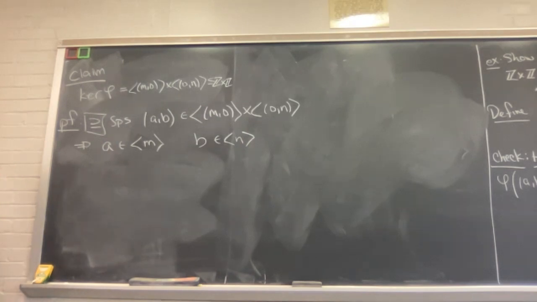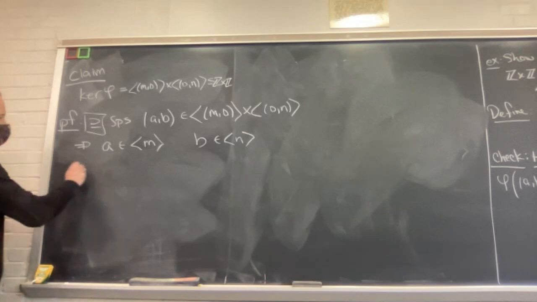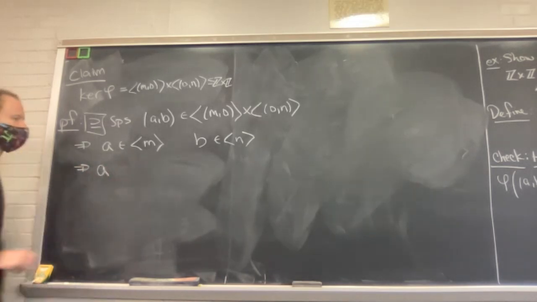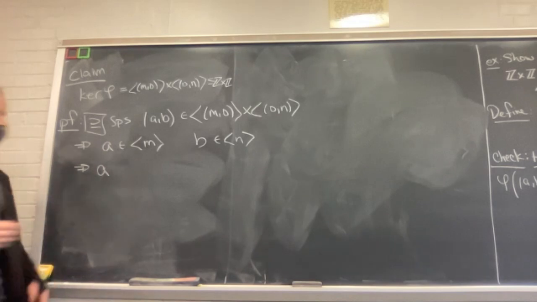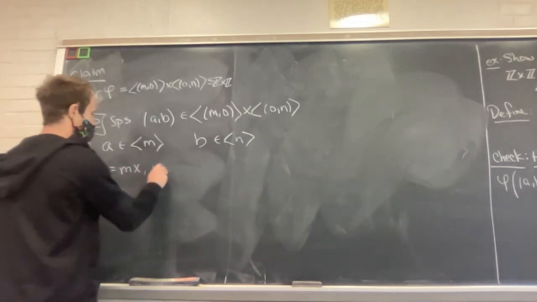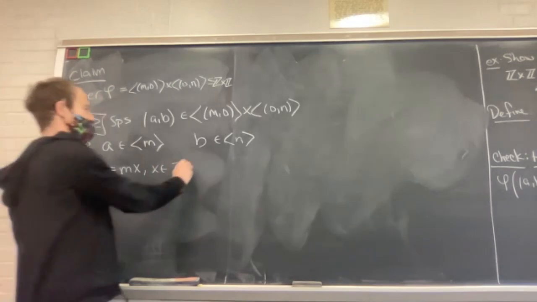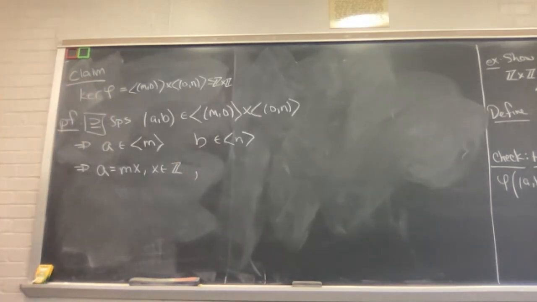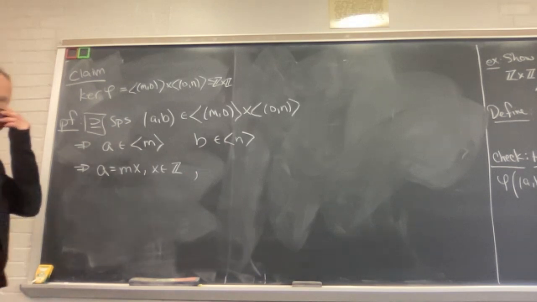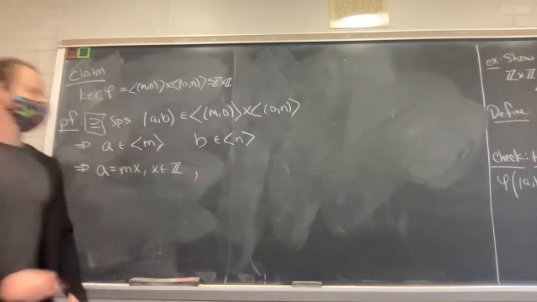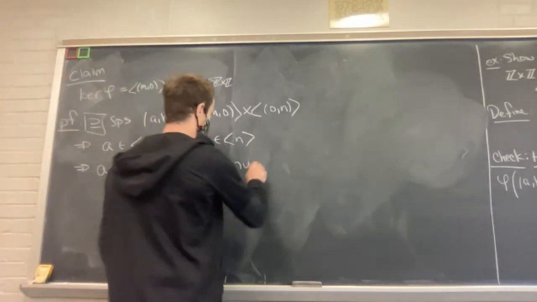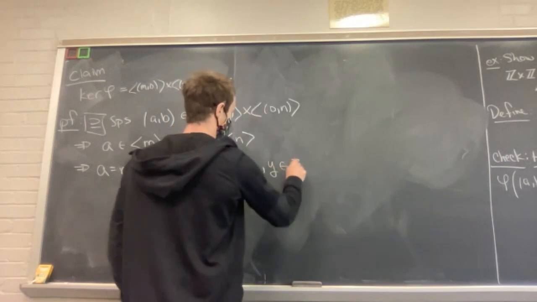So it's multiples of m, suffice it to say. So a is a multiple of m, so it's mx for some integer x. And likewise, b is in the cyclic subgroup generated by n, and remember it's an additive group, which is why I'm saying n plus n, n plus n plus n, and not n to the second power, because it's additive. That means b is a multiple of n, so maybe b is equal to ny, where y is some integer.